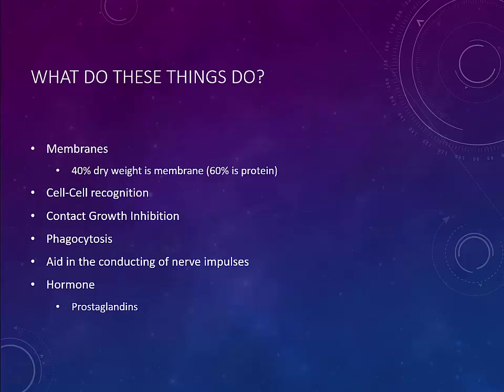Similarly, signals such as this can be used for phagocytosis, for phagocytes to consume and engulf debris or decaying, dead cells, that sort of thing. Phospholipids are vital for the conduction of nerve impulses, and they will be hormones. So things like prostaglandins and thromboxanes and other materials that might be derivatives of phospholipids and or cholesterol as well.